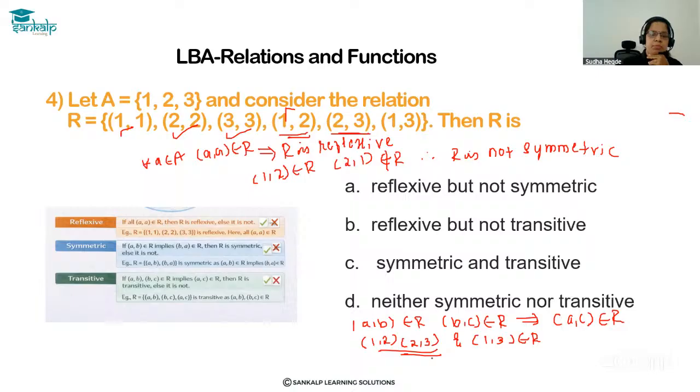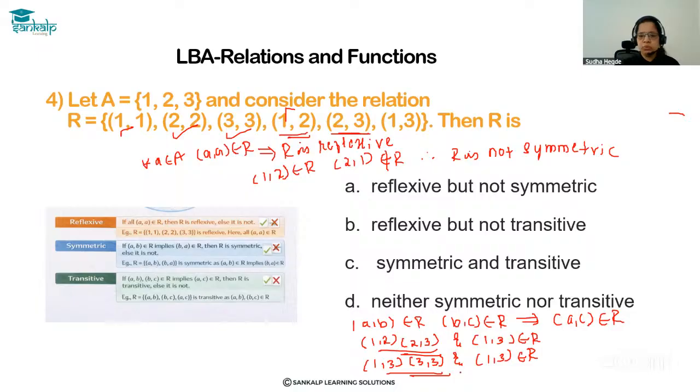What are the other possible pairs? (1, 3), (3, 3) and (1, 3) again belongs to R. So R is transitive with respect to this also.